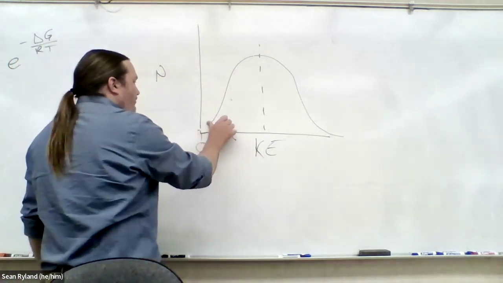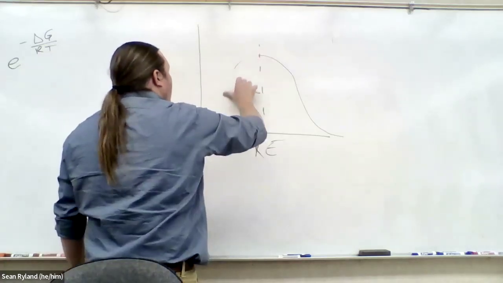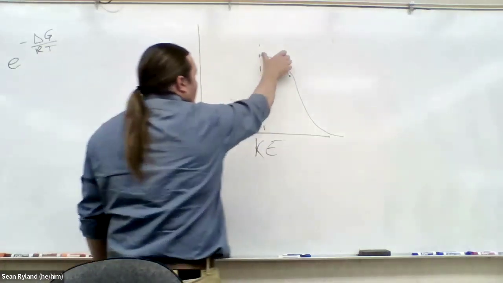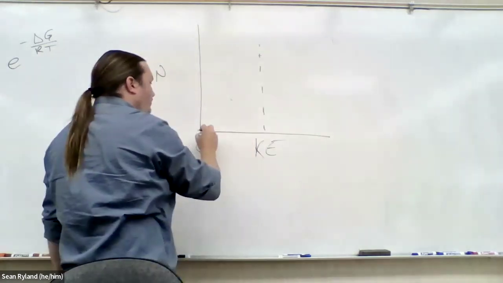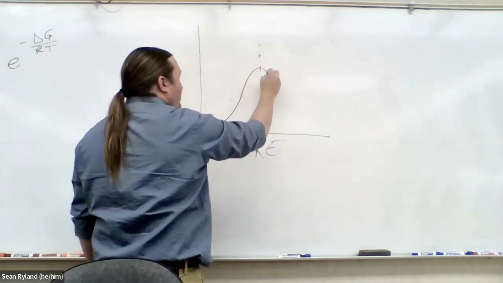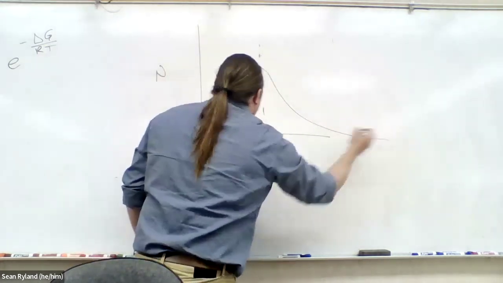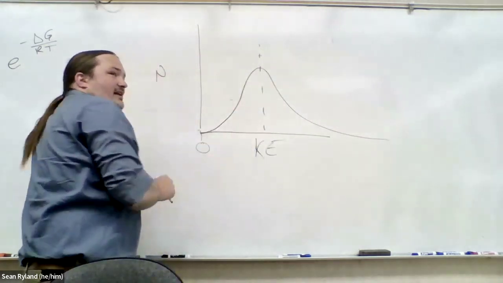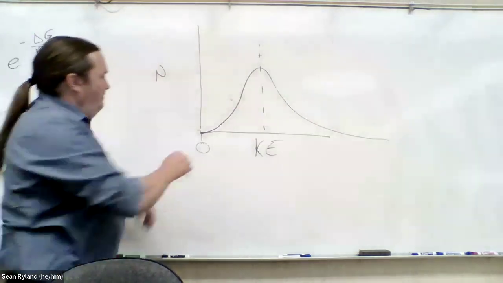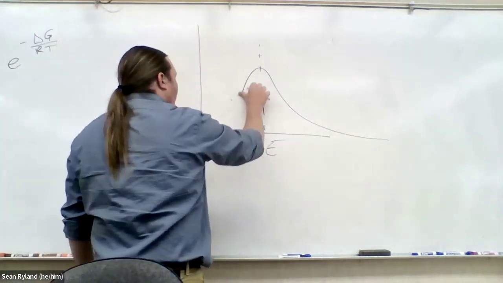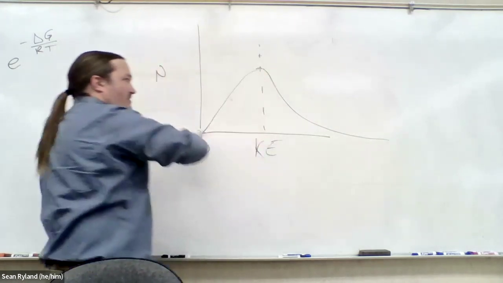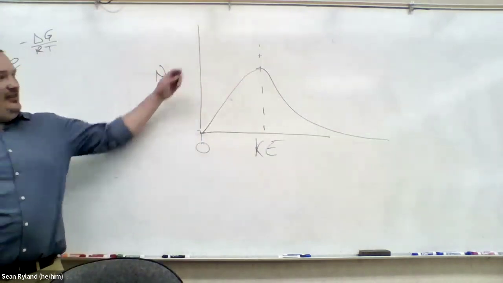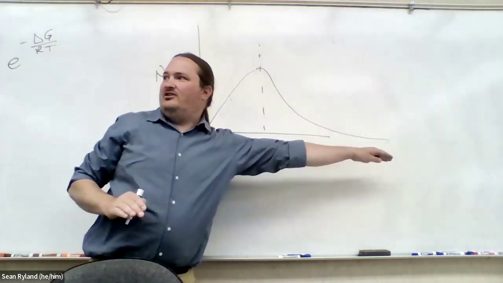He said, if you can't have things equally distributed because you can't have anything with negative kinetic energy, but you can go pretty close to infinite kinetic energy, you get something that looks more like this. Actually, even that's not perfect. It's more like that, almost going straight up and then it trails off like a bell curve on the other side.